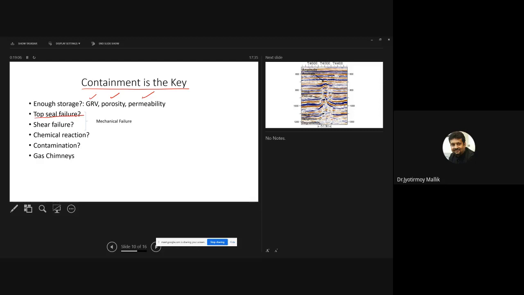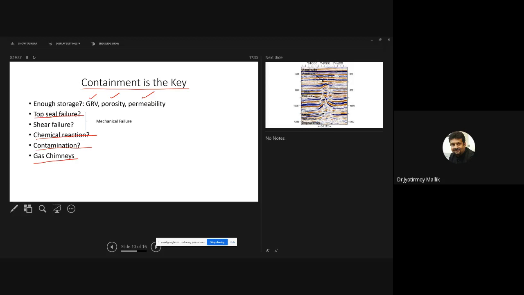Whether there are chances for shear failure, that means whether there will be faulting, and whether there will be chemical reactions, for example if we are pushing liquid carbon dioxide or supercritical carbon dioxide. Is there any chance of contamination? The carbon dioxide that we are putting, will it contaminate maybe the water that we want to take out from the underground? Are there gas chimneys?